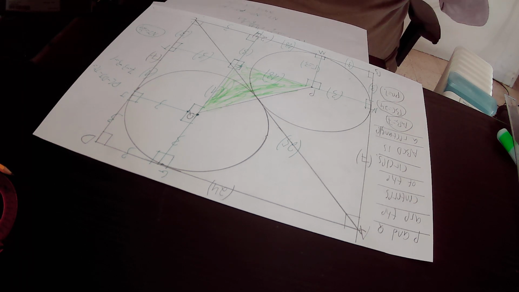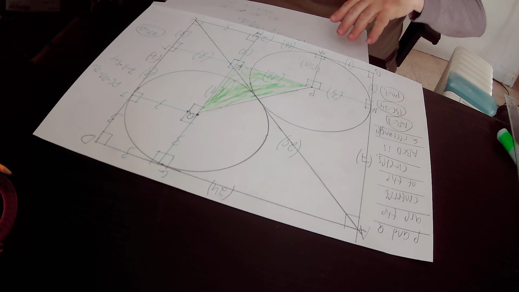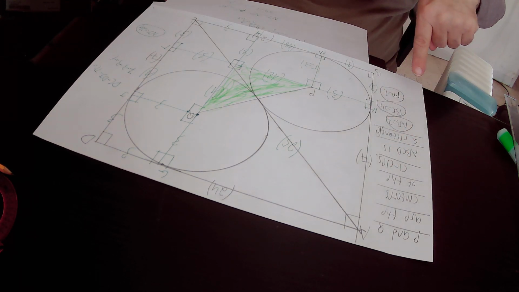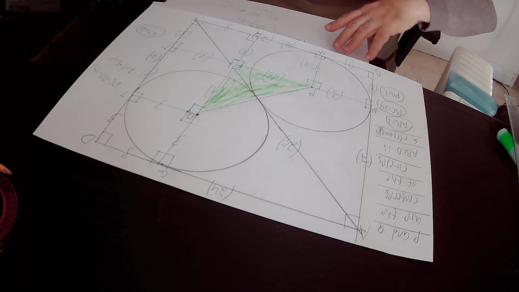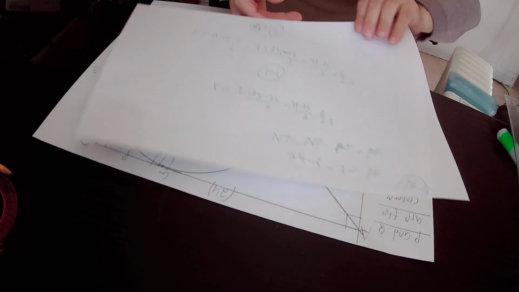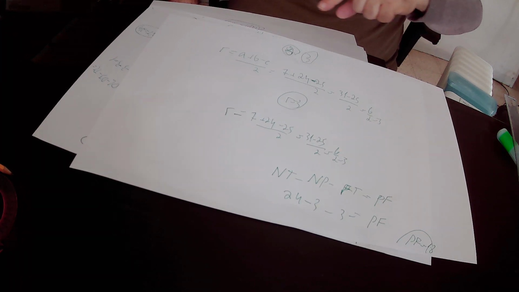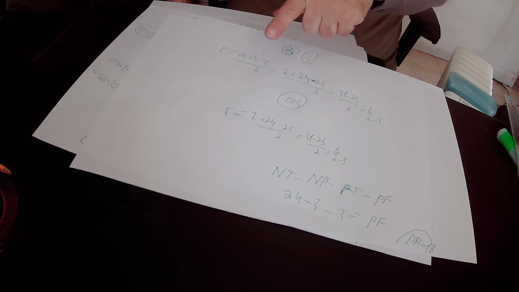So we use this formula to find out the radii of those two circles. The radius of this circle, R, must be equal to A plus B minus C over 2.